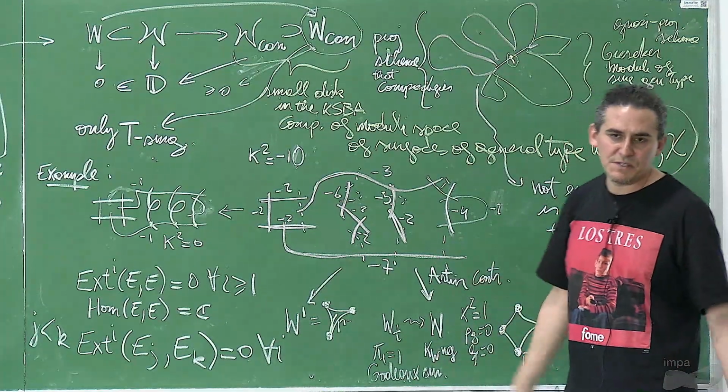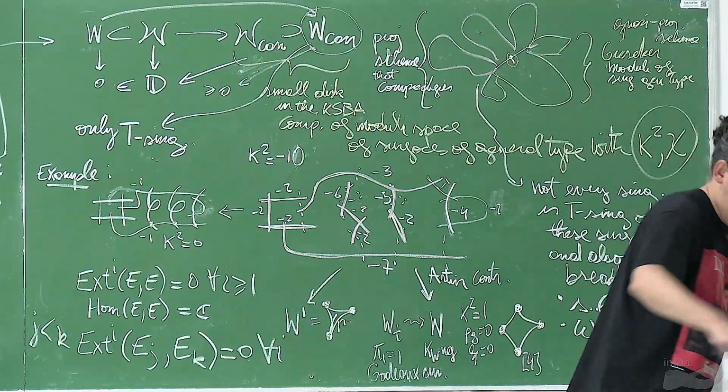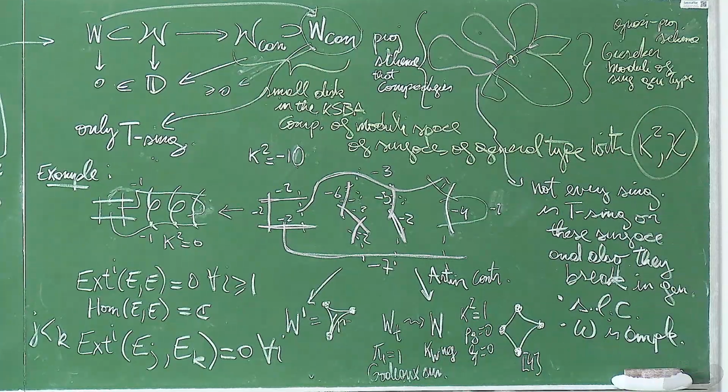On Dolgachev surfaces, for example, we worked that out. You can see it at the end of the paper, and we can construct the longest possible exceptional collection for any Dolgachev surface, except for (2,3). A Dolgachev surface is an elliptic fibration with 2 multiple fibers that have multiplicities that are coprime.